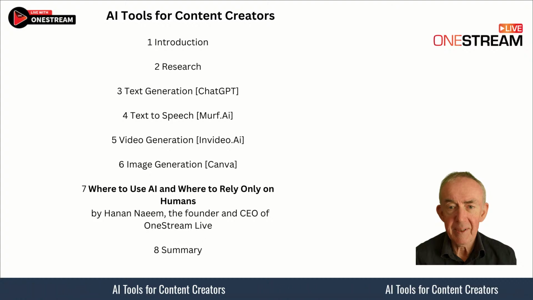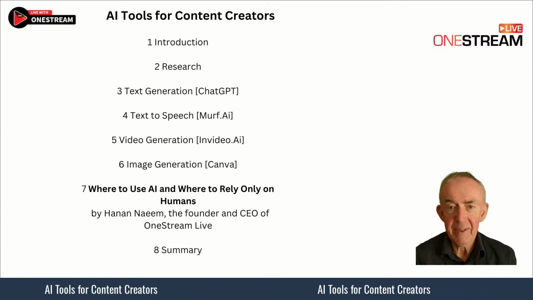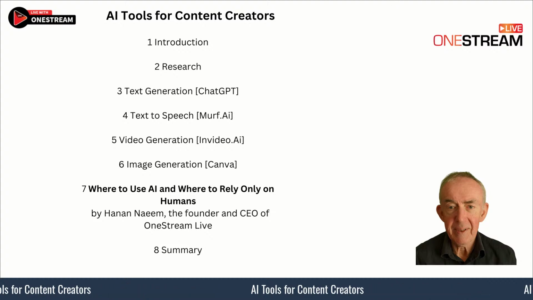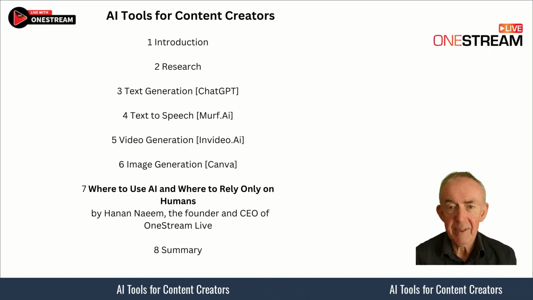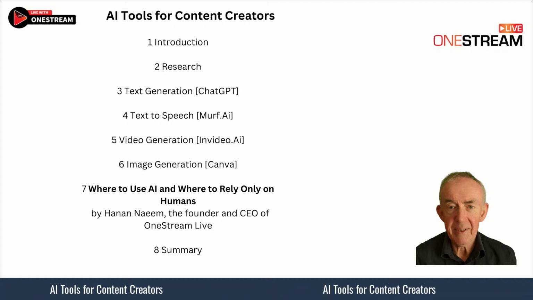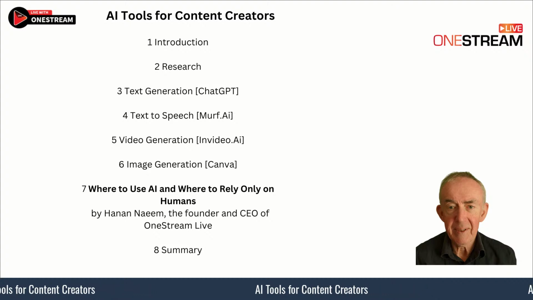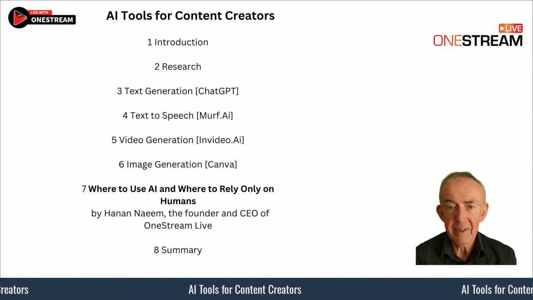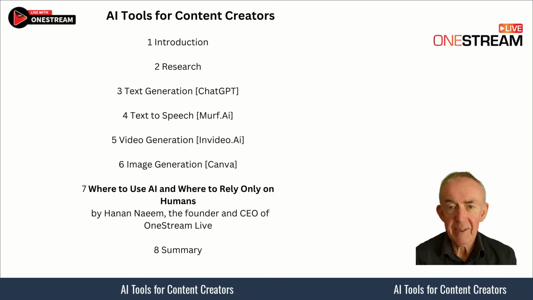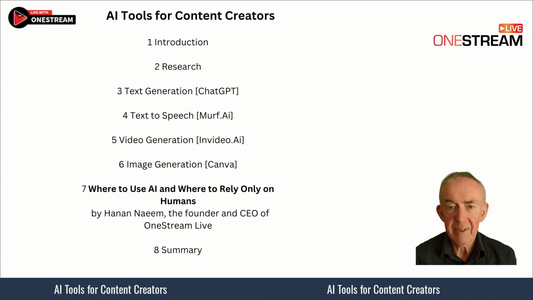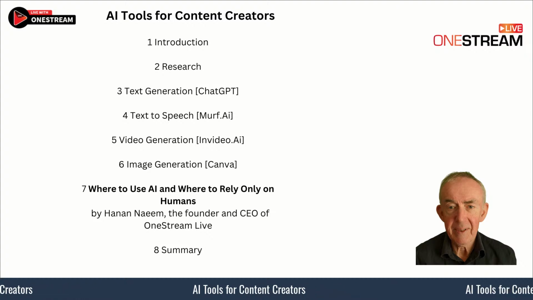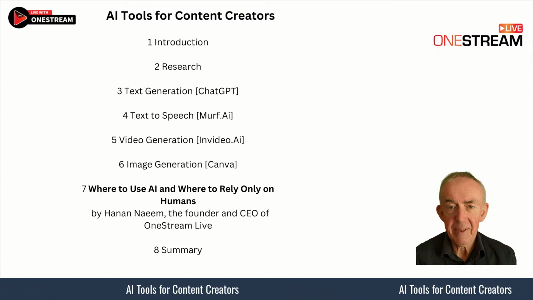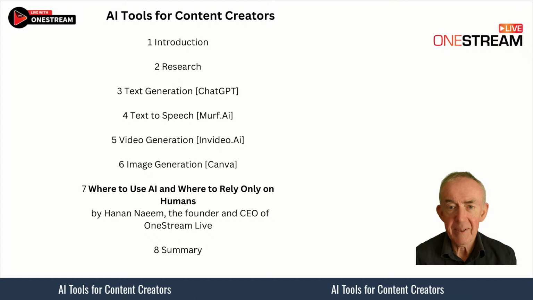I've talked about the support function being better when it's run by people than when it's run by chatbots. That's one example, but there are other examples in the article by Anin Naheem, the founder and CEO of OneStream Live. It is a very interesting, informative read, and it shows how you can use AI. It's up to date, and it is practical.